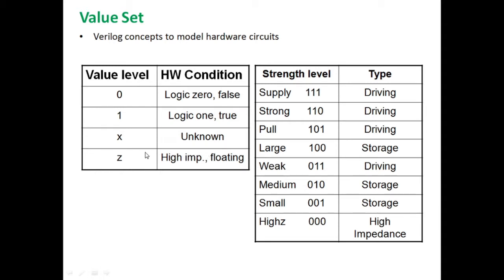The result will be unknown, because I check the strength level of each of the two values. The value X carries strong strength and the value Z also carries strong strength, so the resultant signal will be X, that is unknown. In this manner, values and strengths are highly useful in analyzing your hardware wires.